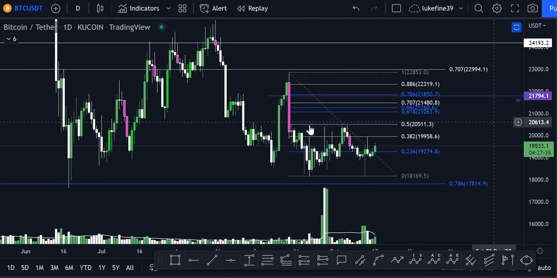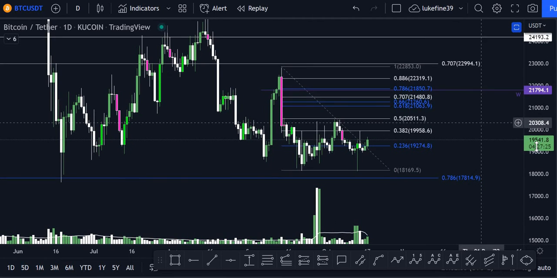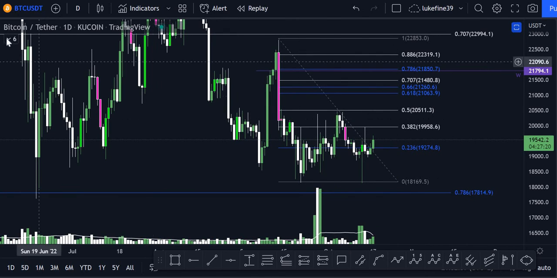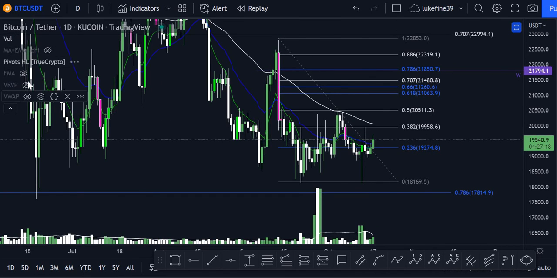But honestly, guys, this high is the first trouble area, in my opinion, that really needs to get flipped. And I think that on the 4-hour, let's just check the EMAs and the VPR.